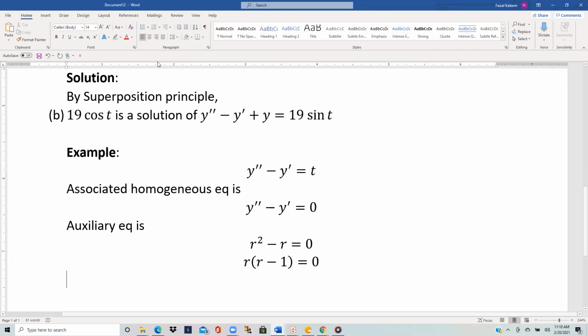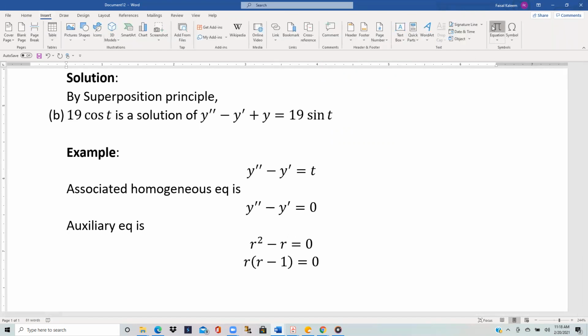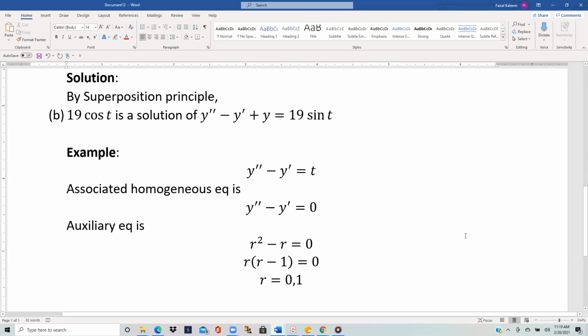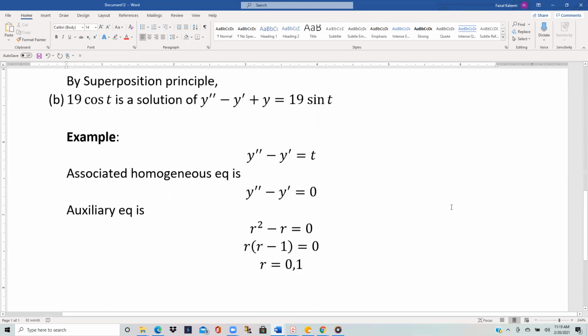So r is equal to 0 and 1. And so we have real and distinct roots.